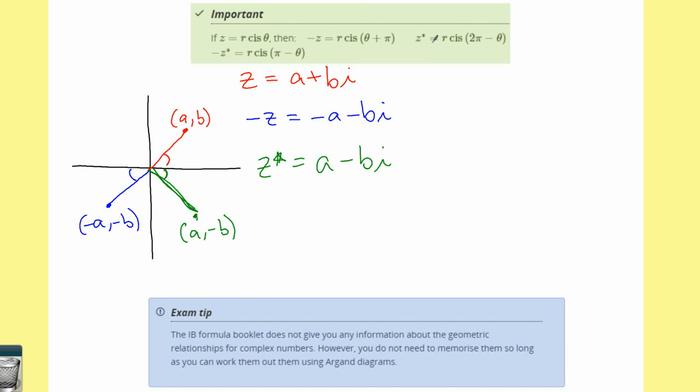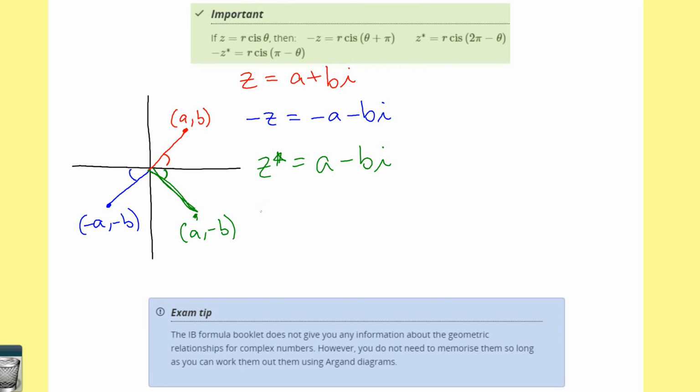What we've done here is we take 2 pi minus that angle, because we always write it as going from here around. So that's why in the green we do 2 pi minus the angle. I just think this helps to visualize it.